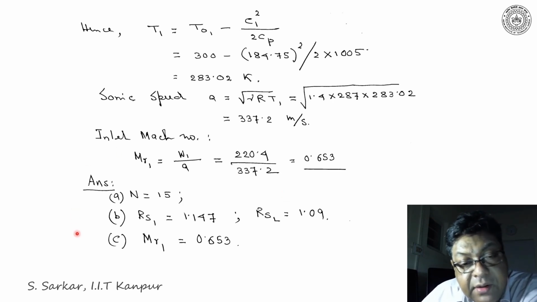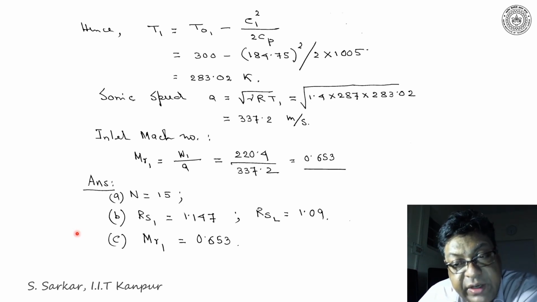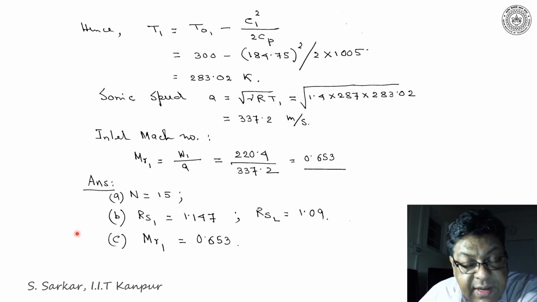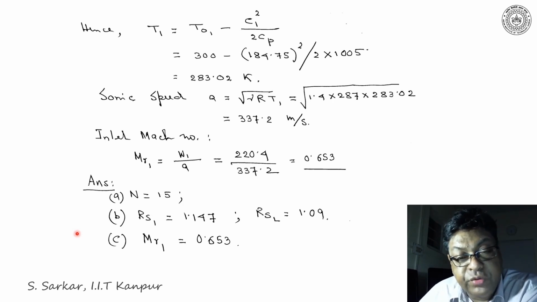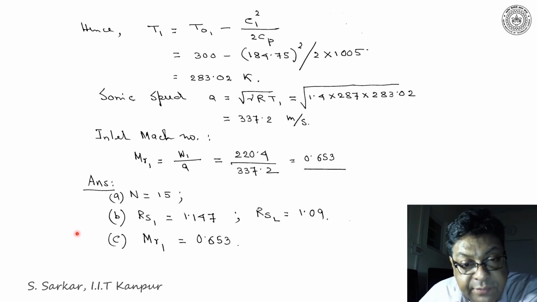Thus the answer: number of stages N is equal to 15, pressure ratio at the first stage is 1.147, pressure ratio at the last stage is 1.09, relative inlet Mach number is 0.653.